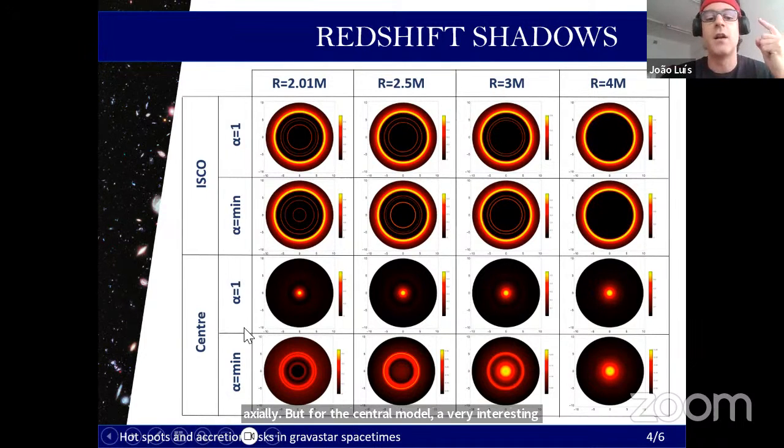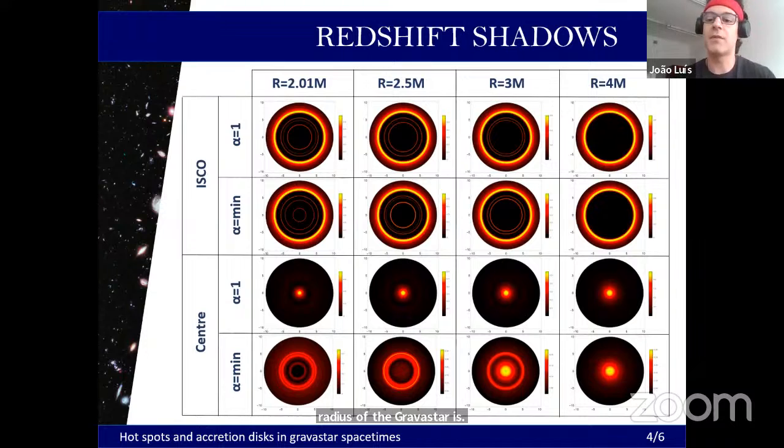If you consider a gravastar for which the mass is all distributed in volume, it doesn't matter what the radius of the gravastar is, you never see a shadow. But if you start allocating more and more mass at the surface of the gravastar, eventually you can develop a shadow for the most compact models, or more precisely for the ultracompact models.